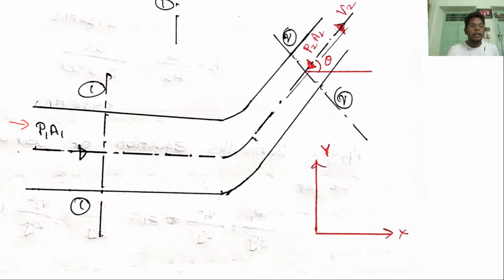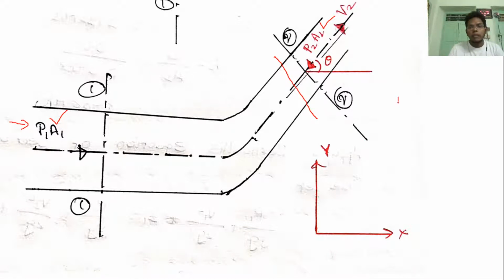What is the diameter here? 600 mm. And this is our outlet part. What is the diameter here? 300 mm. So we can find A1 and A2, the area at inlet and area at outlet.